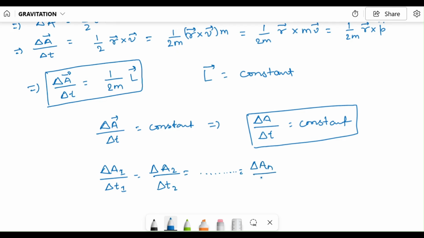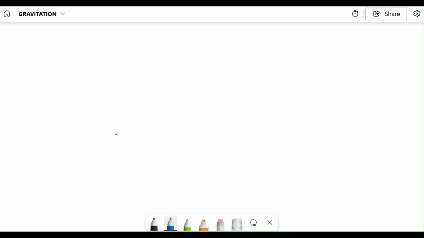So let's say delta An by delta Tn, and this is what we have earlier discussed. So let's say this is the third law, the law of time period, or simply the law of periods. Okay. So what does it say?